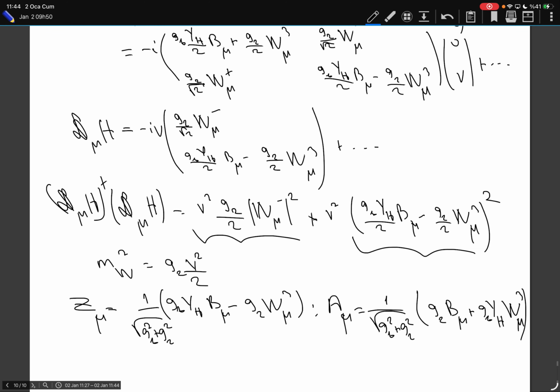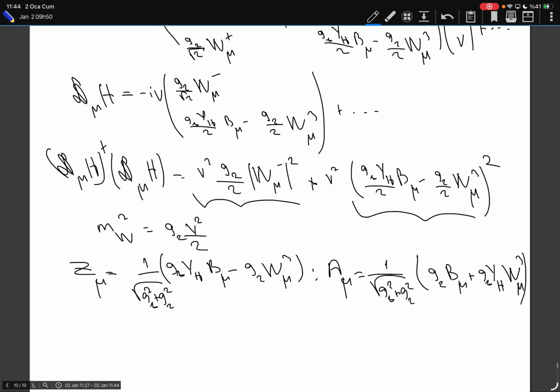These two orthogonal fields have mass of z squared equal to v squared over 4 times G1 squared plus G2 squared. And mass of A squared, well, it doesn't appear. So this is 0.